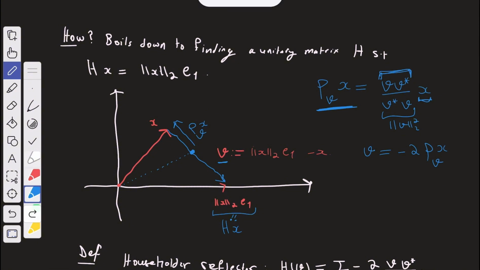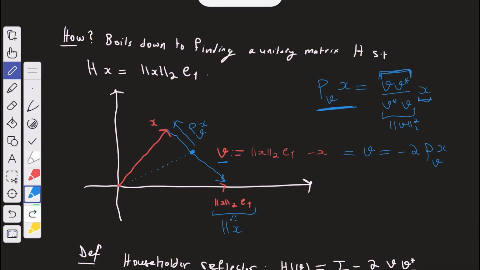Now that we've seen this, we're ready to define the Householder reflector. Why? Because remember, what is v? v is this thing over here. Let me just put an equality here. So this is the vector v.